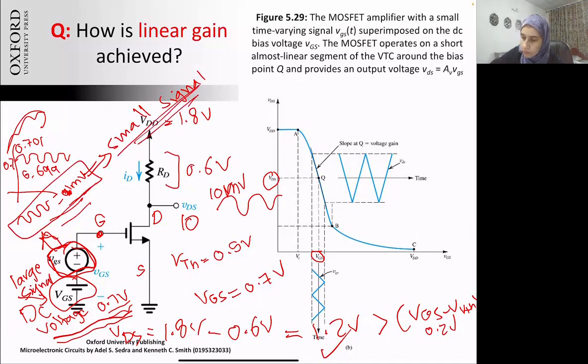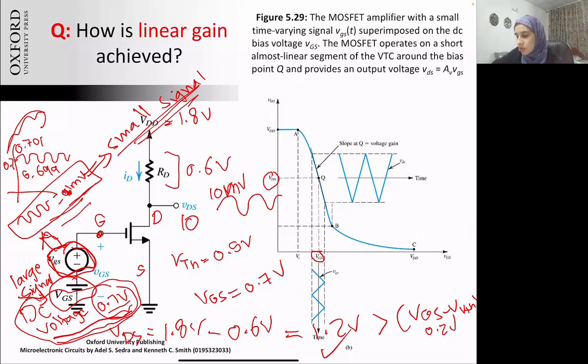And in the large signal, we deal with these large voltages that are going to bias the amplifier and change its operating region. A change of 1 millivolt will not change the operating region of the amplifier. But if I change this 0.7 volt, it will change the operating region of the amplifier.